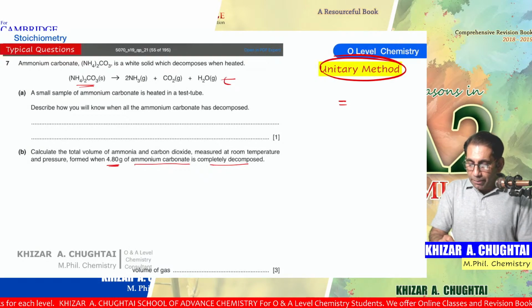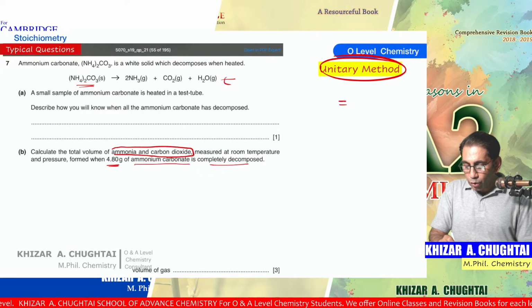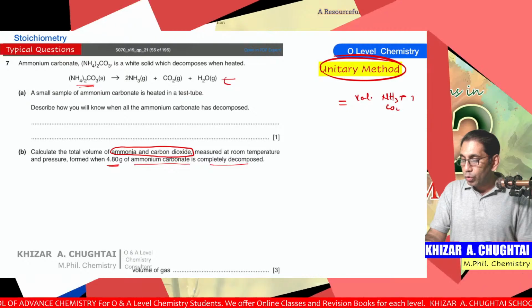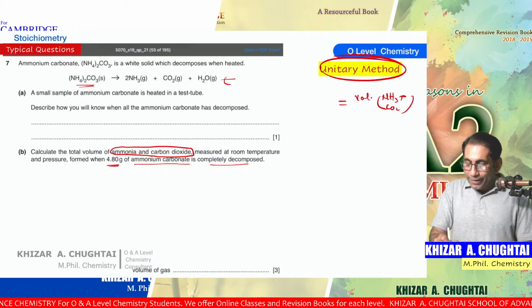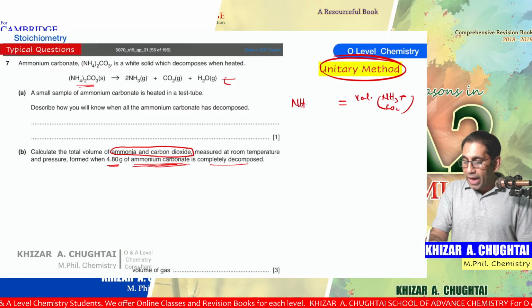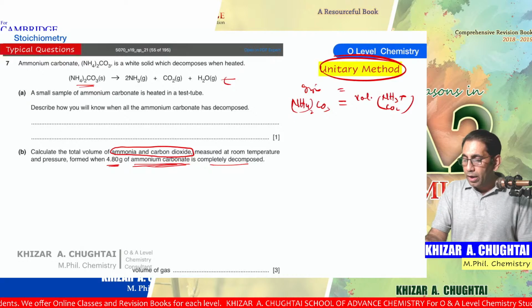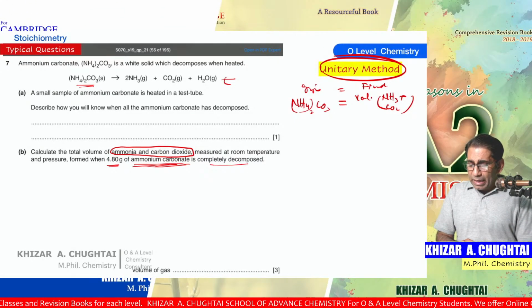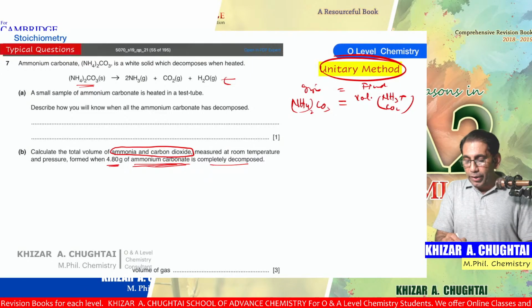The total volume of NH3 plus CO2. What is given? Ammonium carbonate, (NH4)2CO3. From the balanced chemical equation, what is the mass of ammonium carbonate?